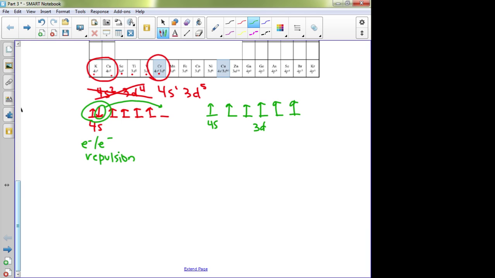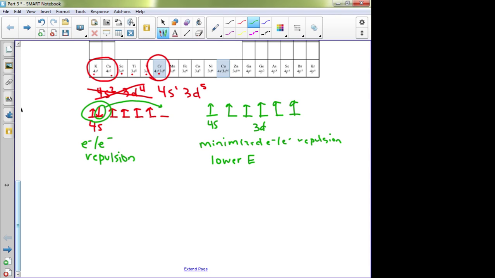So, if this 4s electron jumps up to the 3d energy level, now I have minimized my electron-electron repulsion. So now what have I done to my energy? Lowered. I've lowered my energy, which makes the atom more stable. Do we see that?